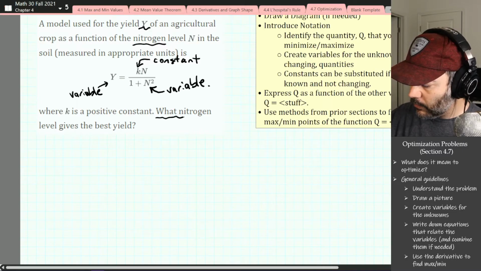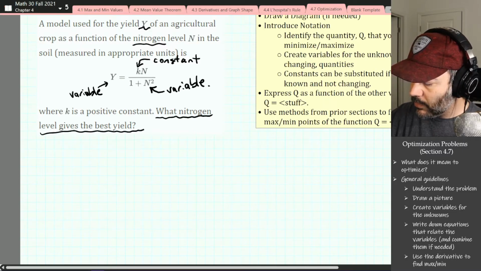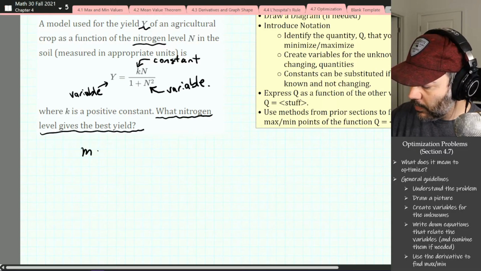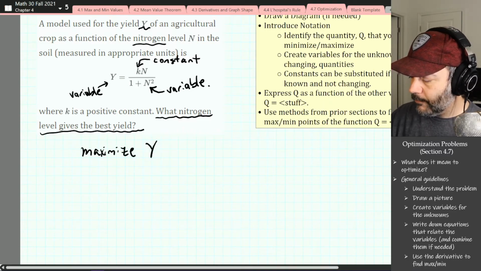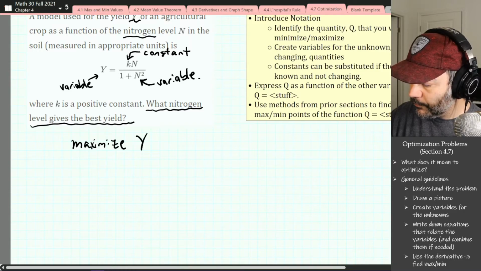Let's be clear. It says what nitrogen level gives the best yield. So that means we want to maximize Y. So all we need to do is find Y prime.